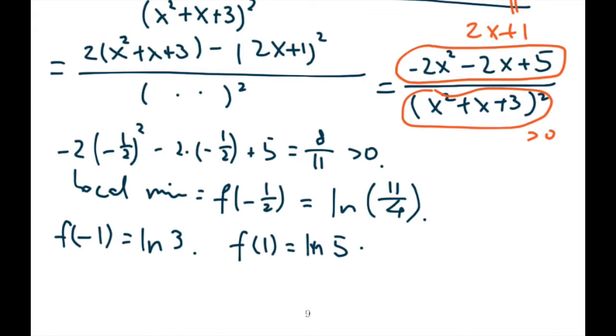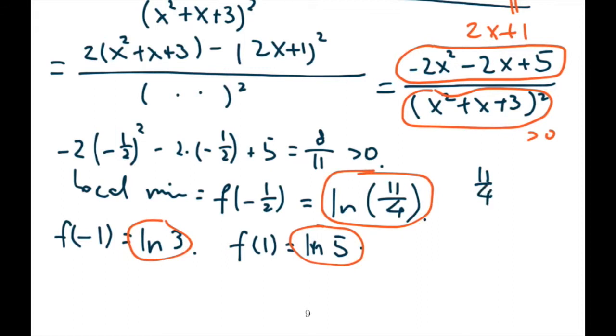Okay, and then we're going to compare the function values of those three, because we know that 11 over 4 is less than 3 is less than 5, and then that means natural log of 11 over 4 is less than natural log 3 is less than natural log of 5.